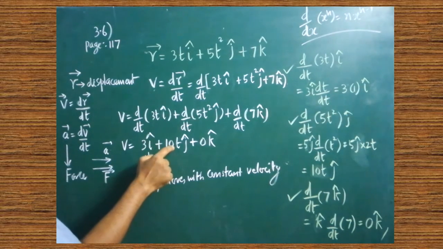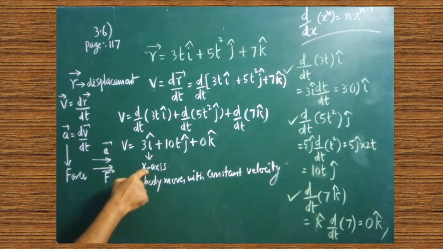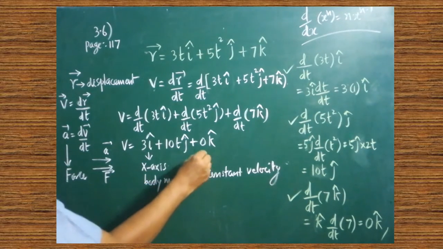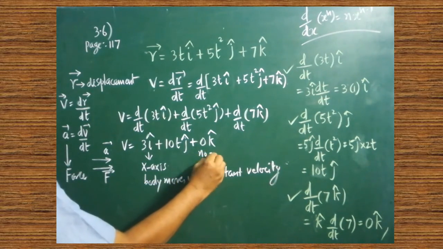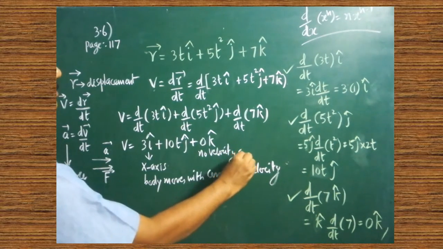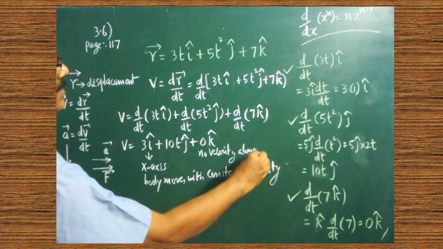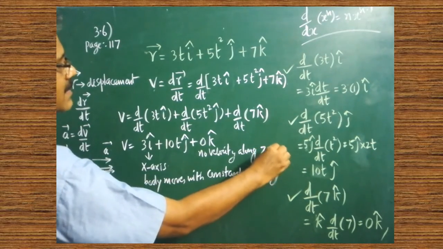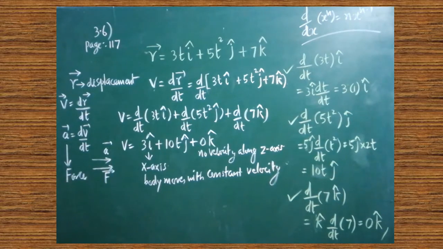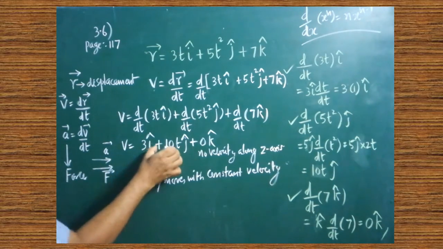So velocity is varying, but along the x axis the body is moving with constant velocity. There is no velocity component along which axis? Z axis. So these are all the conclusions that could be understood with the help of this particular equation.